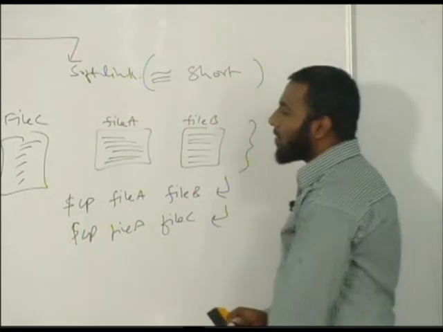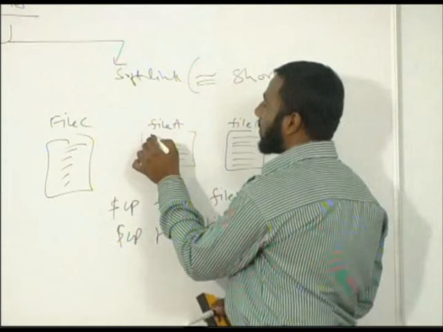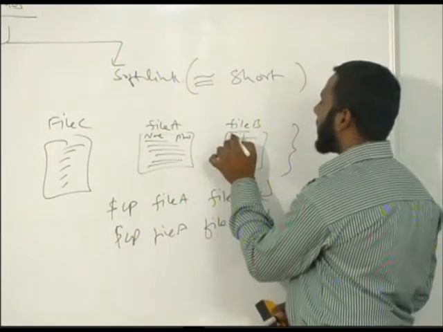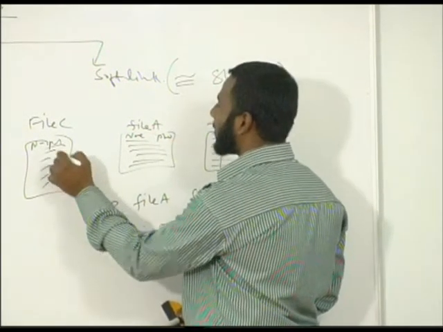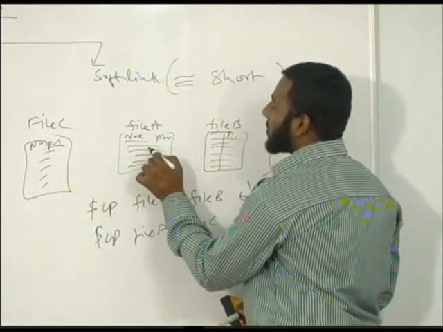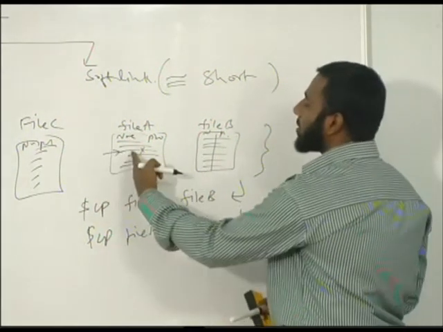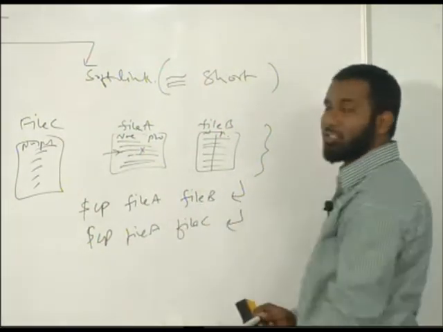Assume that this is a phone book. Here I have my friends' names and phone numbers. Here also I have friends' names and phone numbers because they are copied versions. In file A, suppose I have changed the contact information of one of my friends. Now this information will not be updated in the remaining copies, so the remaining copies will become stale.